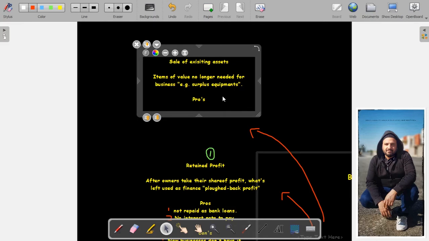So the first advantage is that it makes better use of capital tied up in the business.